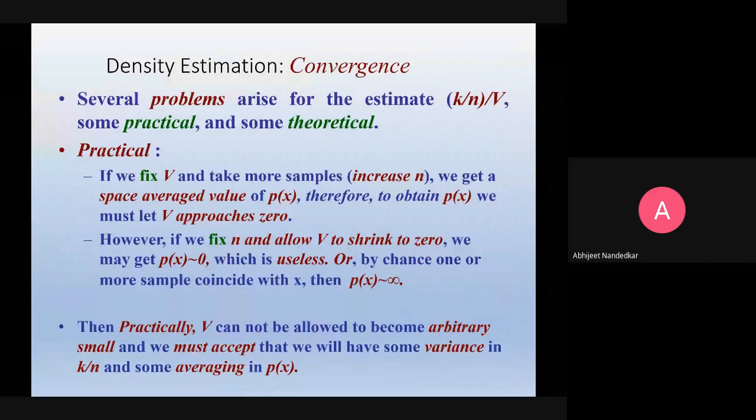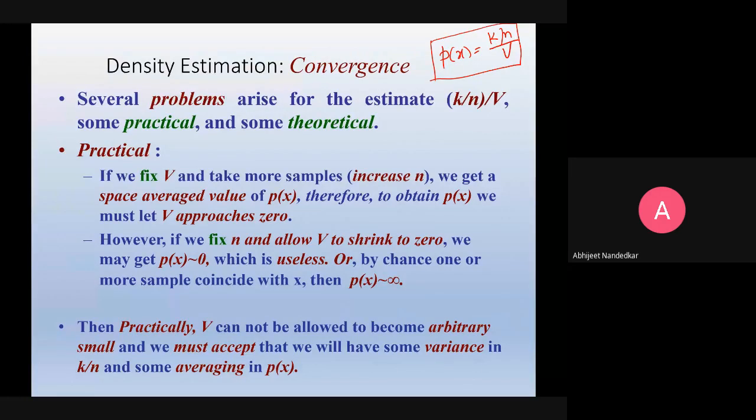But there are several problems that arise when we try to estimate k by n by v. Remember, I need to compute k by n by v. Practically, if we fix the volume and take more samples, or increase n, we get a space averaged value of p of x.